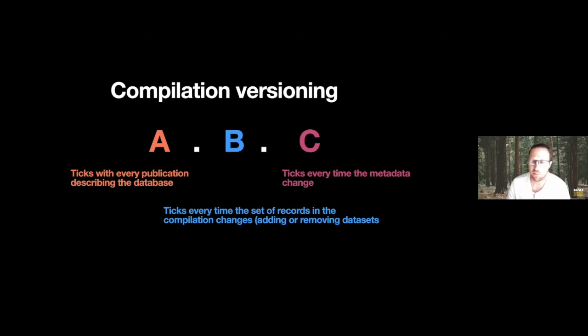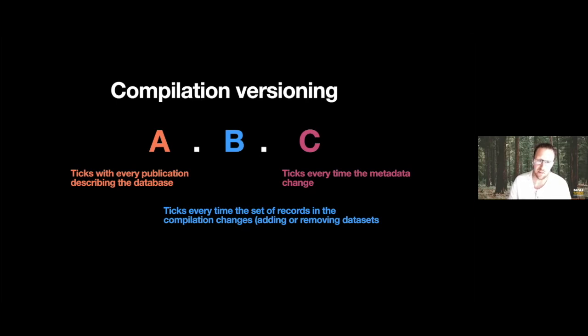So we keep track of these while developing a compilation before publication. I can't remember where we got with IC2K. I think with the Temperature 12K recent compilation, that B number was around 46 or something by the time we submitted that for publication. So it happens, and that's not counting metadata changes.